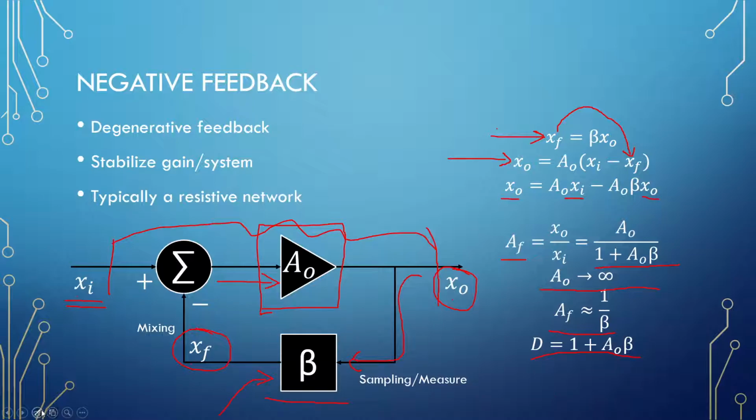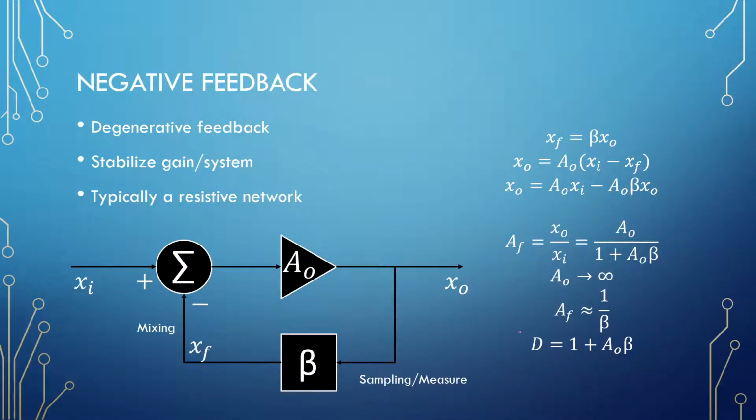Right, so the main takeaway from this equation is AF is 1 over beta. So if you need to design a beta network or a resistive network initially to go with your amplifier, you assume that your gain is infinite, and you can design your resistors using this equation right here.